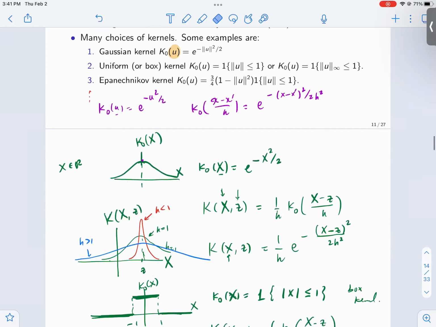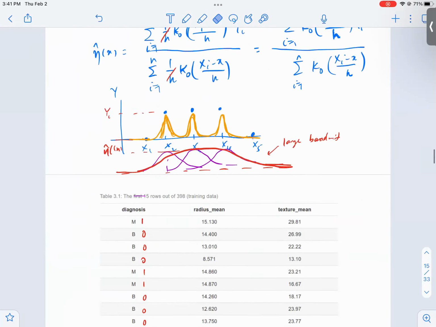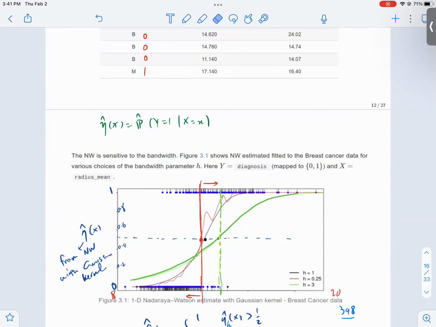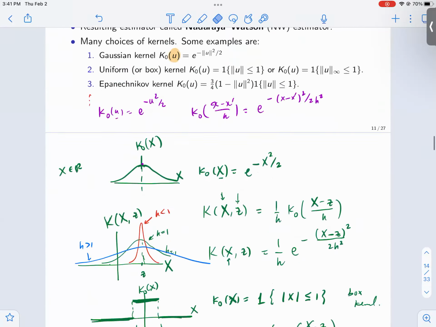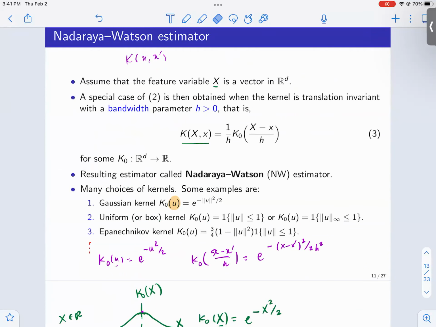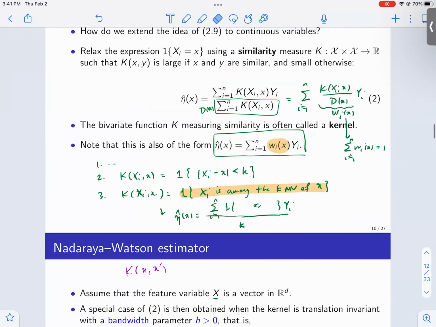And you saw that this gives you a very simple way of constructing a fairly complicated classifier. We didn't know anything about the data, we just formed this sort of weighted average, as we pointed out. It's a weighted average of the training yi's, with the weights being determined by these kernels.